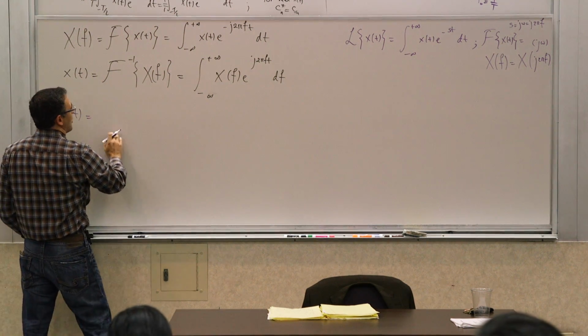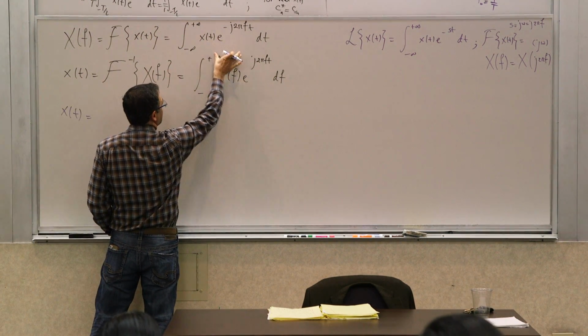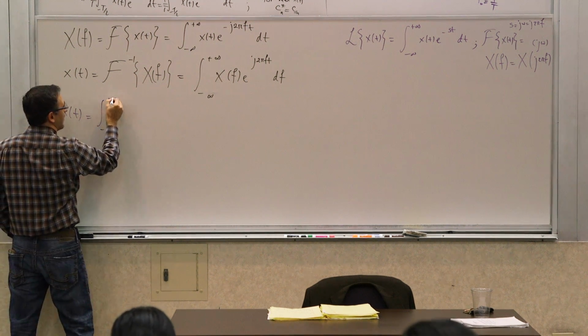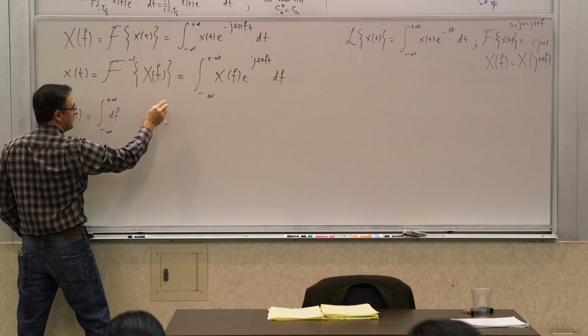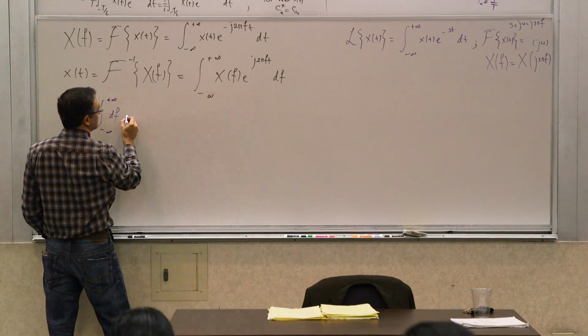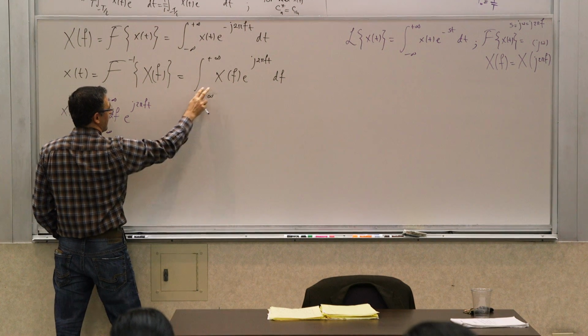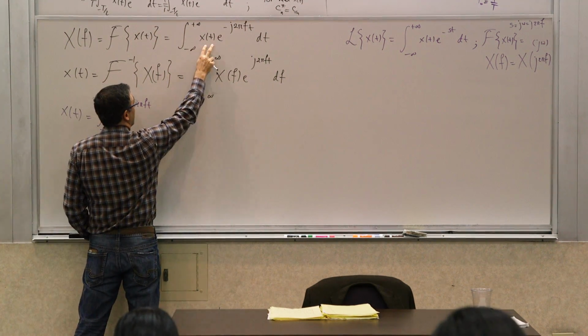That would show that it's the inverse, right? So let's do that. I'm going to take this x of f and plug this thing in there. So I'm going to write this integral first, e to the j 2 pi f t. Now I'm going to plug x of f from here.